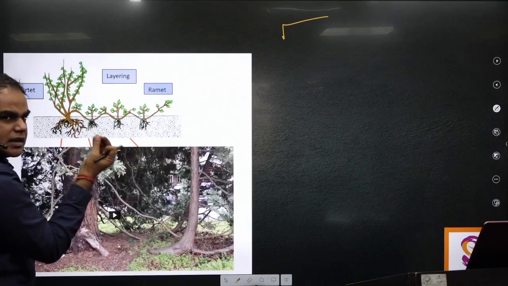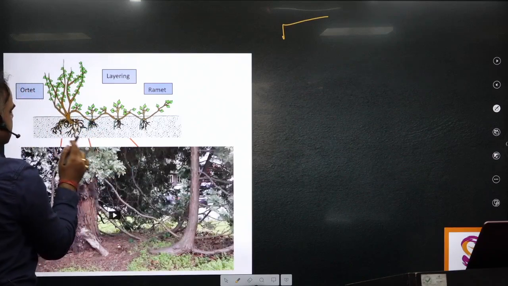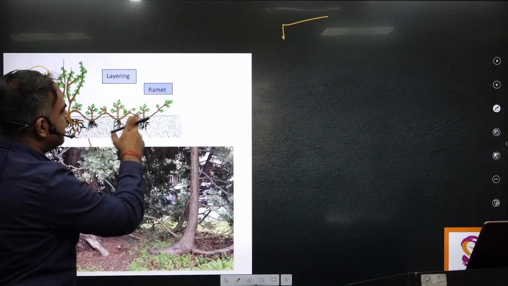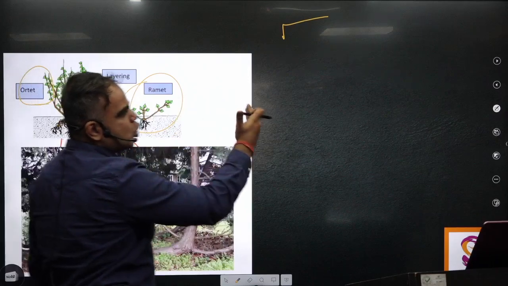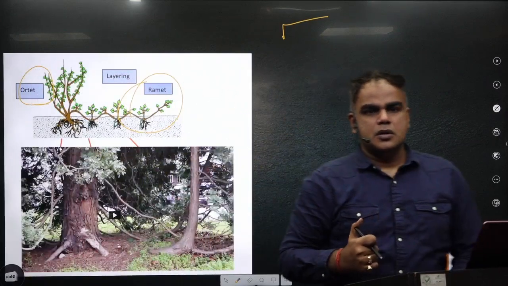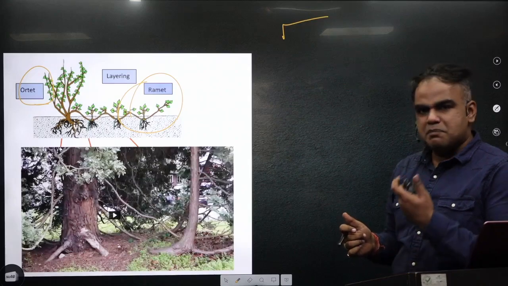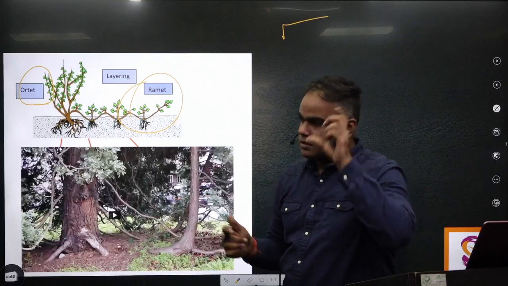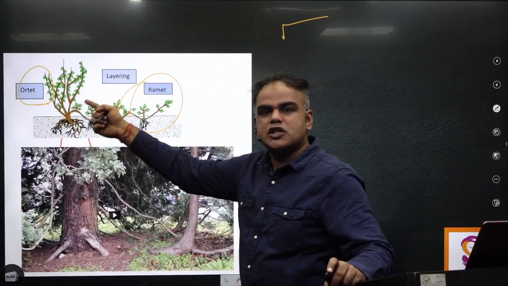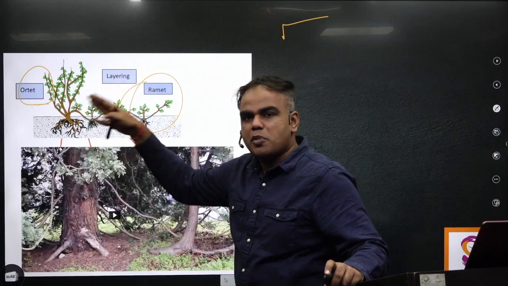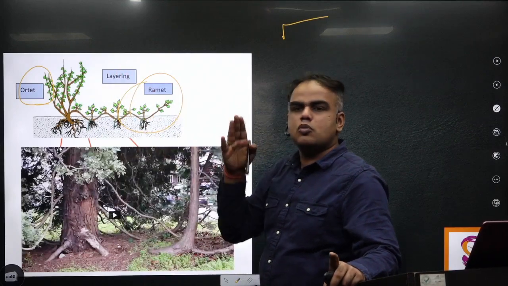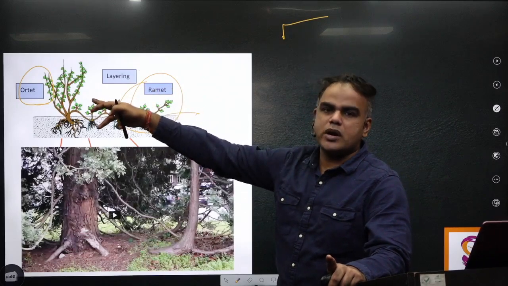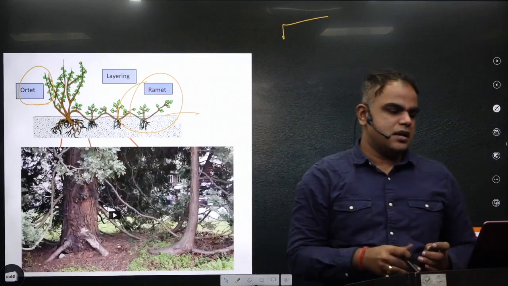So when you have a basic plant, let's say this part is the ortet, and you keep on propagating it again and again, that is how you get ramets, and you keep on cloning it. In simple terms, in just one line each: the ortet is the main constituent which is used and propagated various times, leading to more and more ramets, which are genetically identical to the ortet.